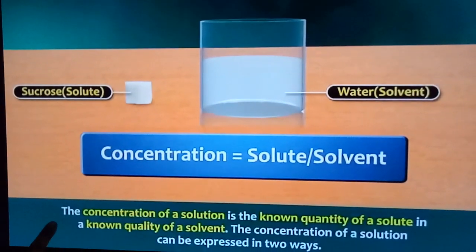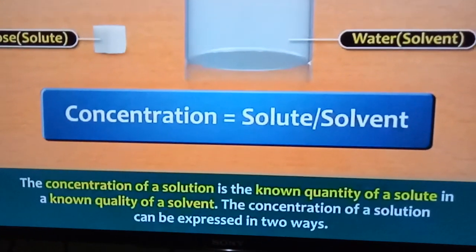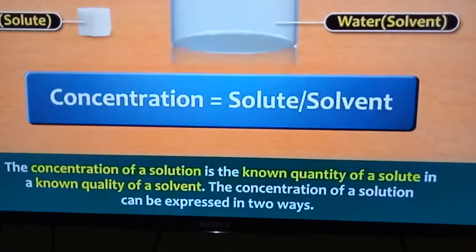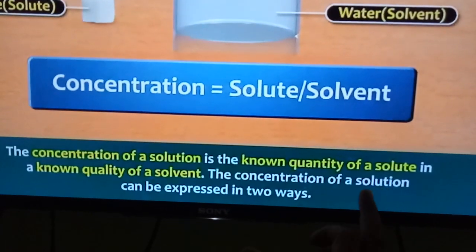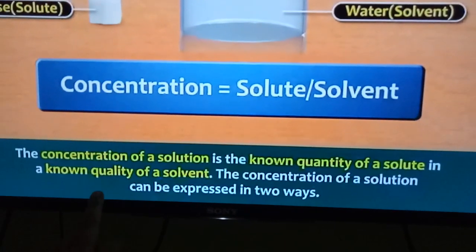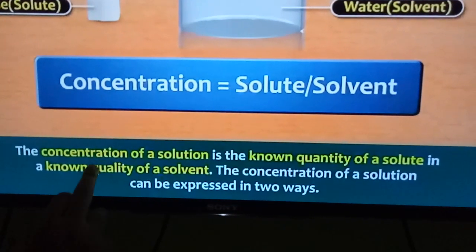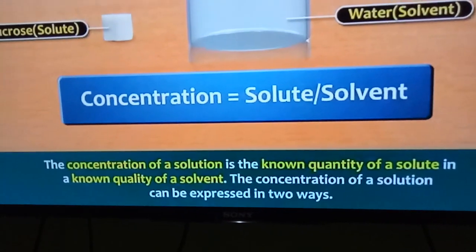So let us understand the definition of the concentration of a solution. The concentration of a solution is the known quantity of a solute in a known quantity of a solvent. Sorry children, there is a spelling mistake here.